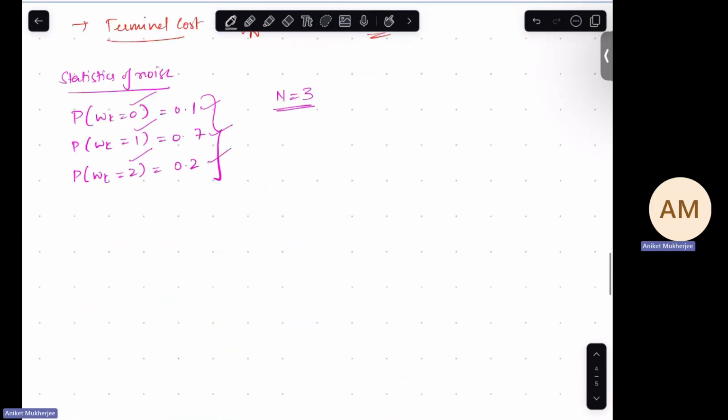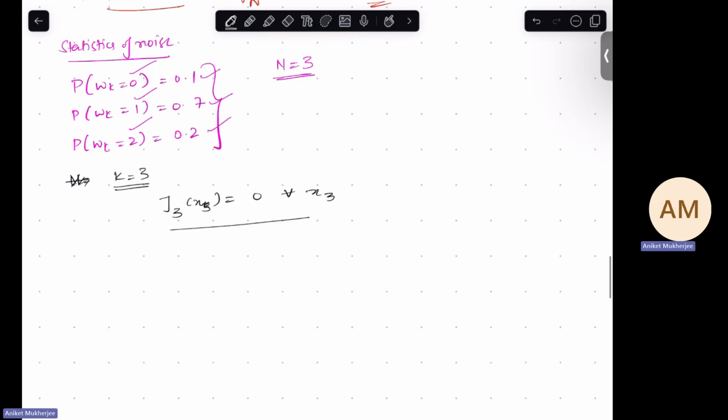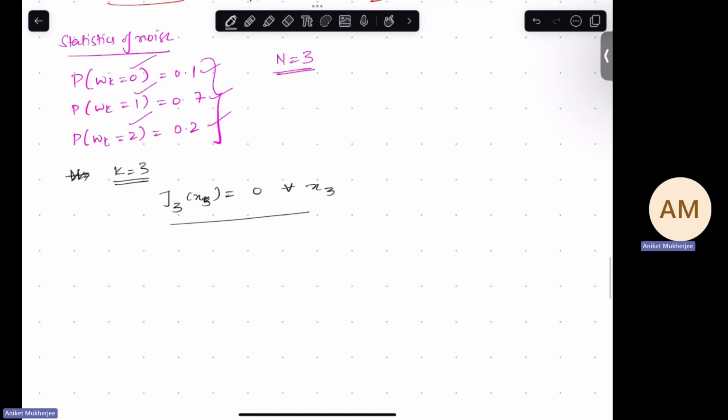First we'll do it for k equal to 3. For k equal to 3, J3 of x3 is equal to 0 for all x3. Next, we'll do it for k equal to 2. For k equal to 2, your states can take either 0, 1, or 2.